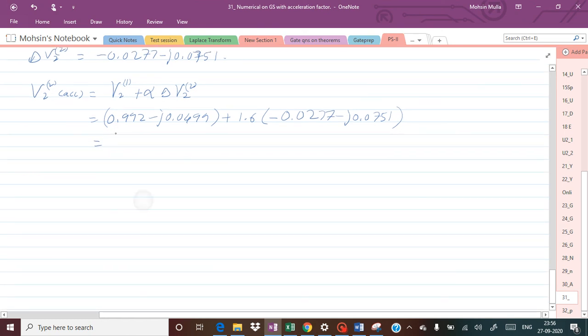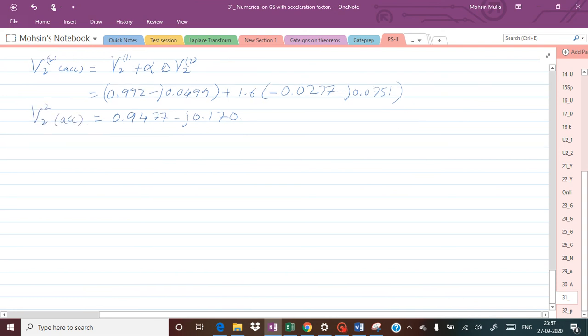Which is 0.9477 minus j0.170. So this is V2 of 2 accelerated.